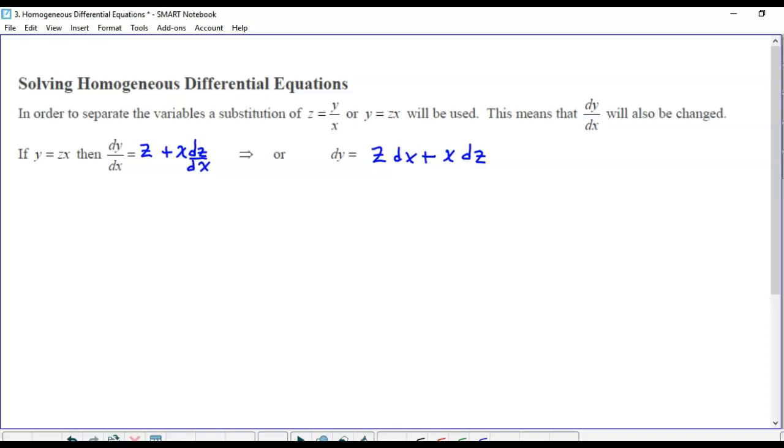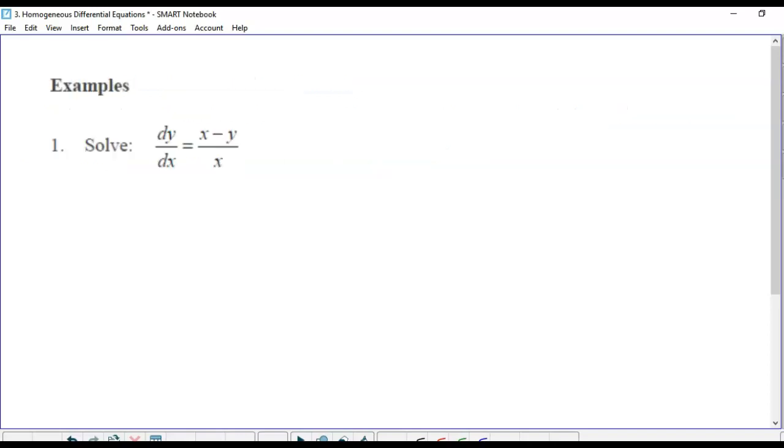So, first example. dy dx equals (x minus y) over x. Let's use the substitution. First of all, we know from before, dy dx is z plus x dz dx, and we know that y equals zx.